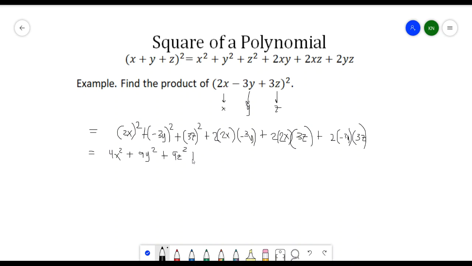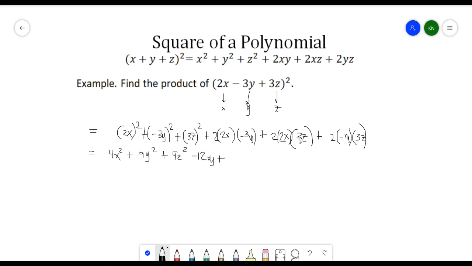And then we have 2 times negative 3, that is negative 6xy, multiplied by 2, that is negative 12xy.